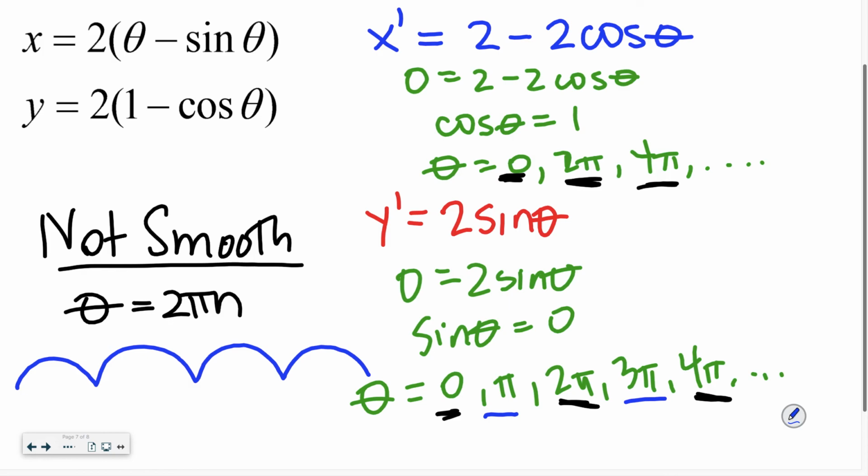So, why does this matter? We were trying to show where it was not smooth. So it's not smooth at these corners, at the bird's head.